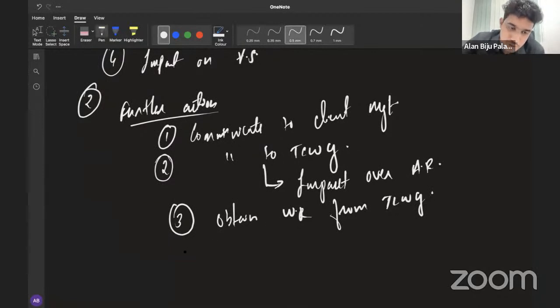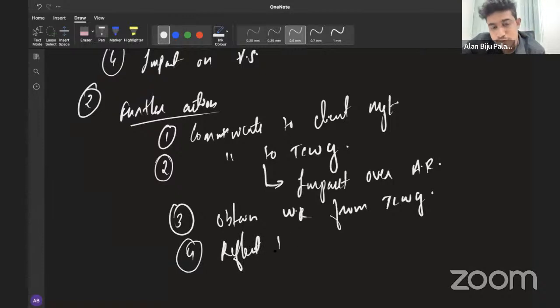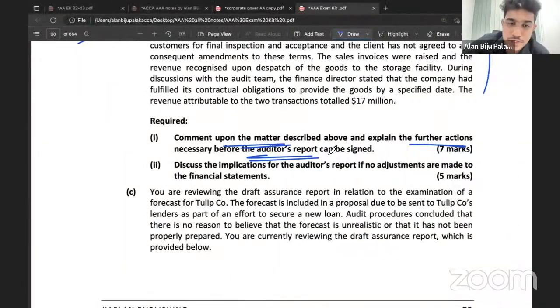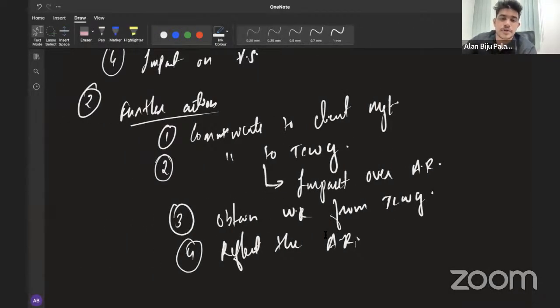And finally, the auditor should also reflect it in the auditor's report. And since they have asked in this question to take necessary action before the auditor's report is signed, it is not necessary to mention the auditor's report here.